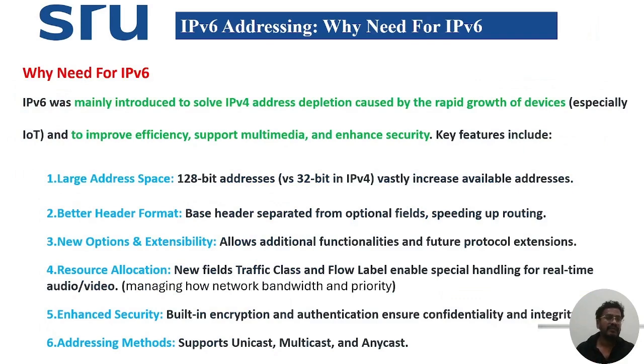So why do we need the IP version 6 model? IP version 6 was mainly introduced to solve the IP version 4 address depletion caused by the rapid growth of devices, especially IoT, to improve efficiency, support multimedia, and enhance security as well.